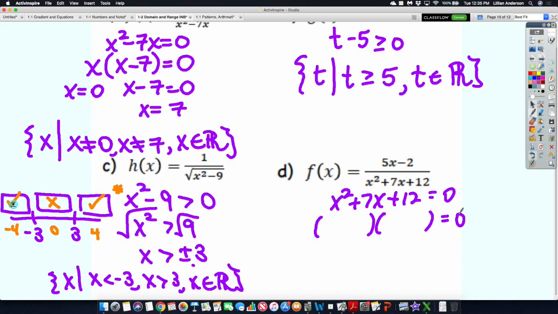Those two numbers are 3 and 4. Then I have to solve this. Solve for each. X equals what? X equals -3 and x equals -4, which means the domain cannot equal -3 and -4.